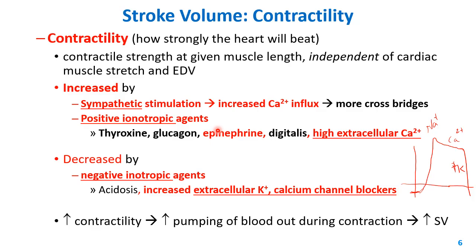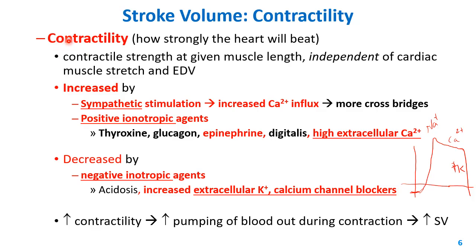Those are like negative inotropic type of drugs. Okay, so you can use certain drugs to speed up the heart, or you can use some other drugs to slow down the heart. Extracellular potassium is not used as a drug to slow down the heart unless you really want to slow it forever. Okay.